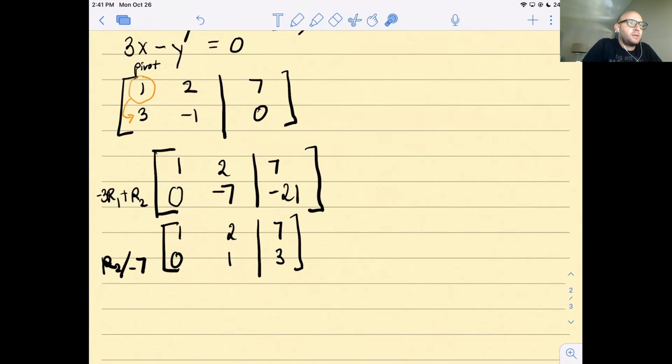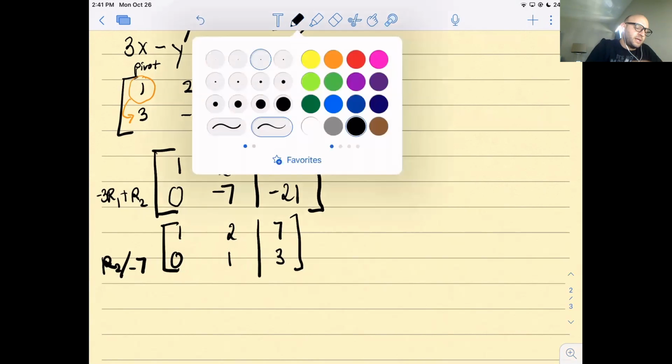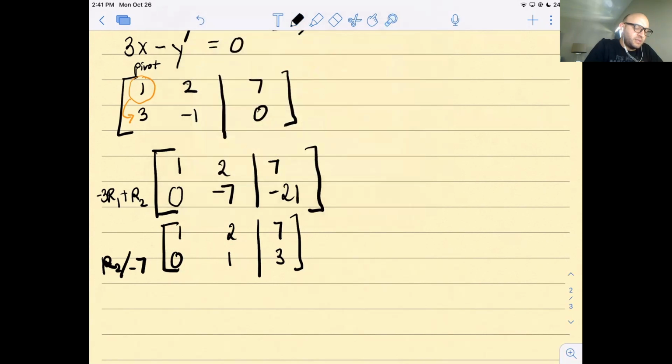R1, nice. R1 minus 2R2. So multiply the second row by -2 and add it to R1. So I'm going to write it here. This is going to be 0. I'm going to keep this row, 0, 1, 3. And then I'm going to do R1 minus 2R2.